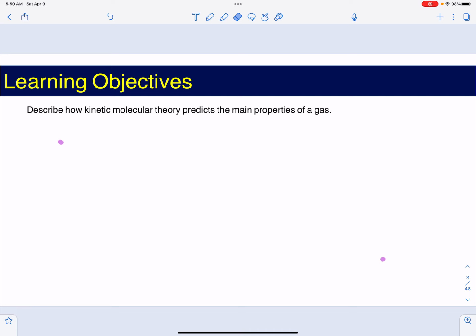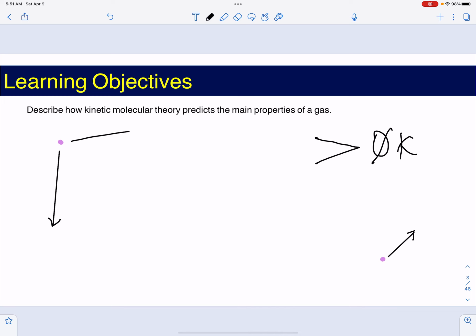As long as there's some temperature in there, as long as the temperature is above 0 degrees Kelvin, these particles are going to be moving. And they are going to be moving in random directions. We don't know which way they're going to be moving, just that they're moving.